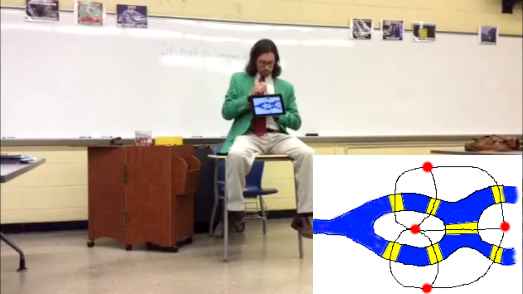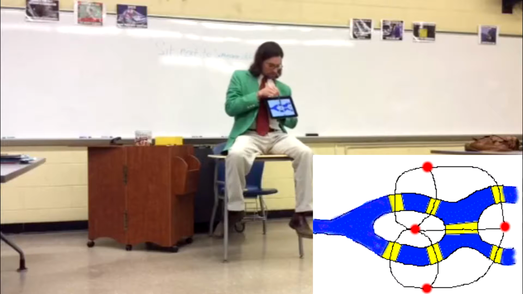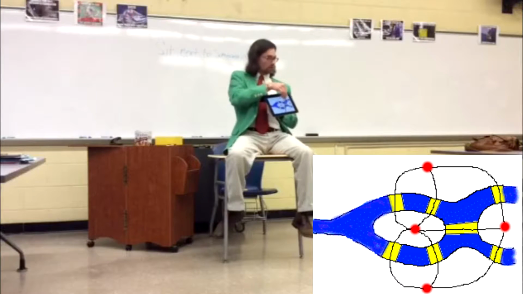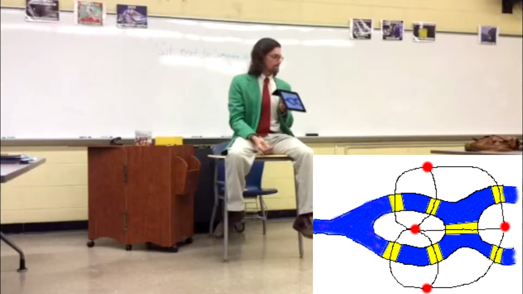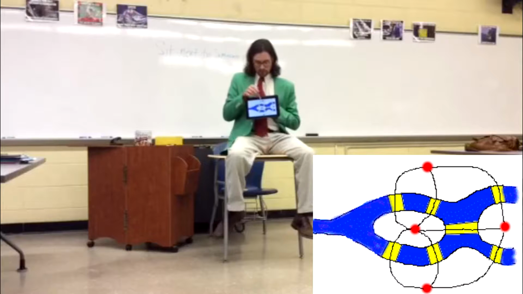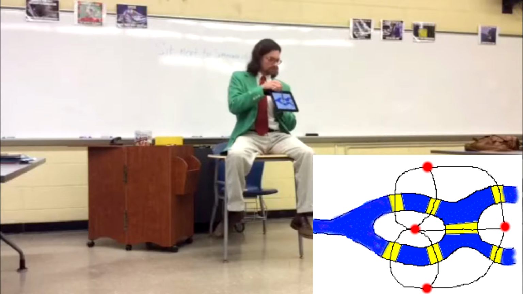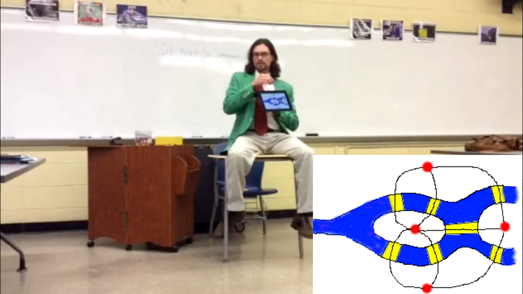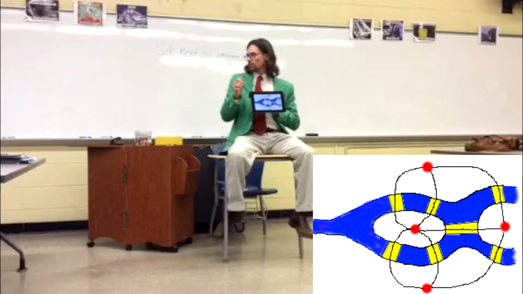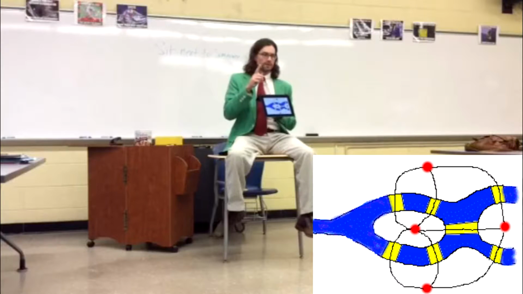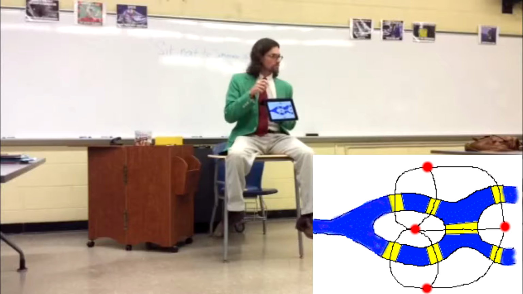You can go across 3 bridges from here, 5 bridges from here, and 3 bridges from here. This one is actually, like I said, impossible. You cannot go from one point or vertex to the next and touch every single edge or path one time.